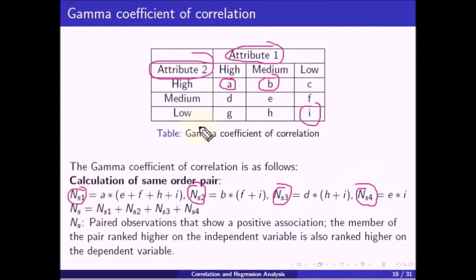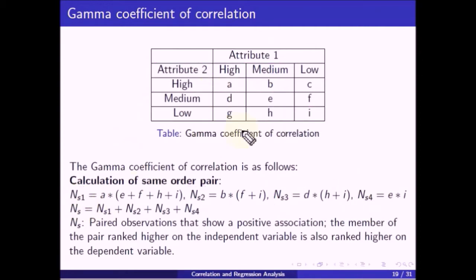NS1 is A into E plus F plus H plus I. For NS2, B into F plus I. For NS3, D into H plus I. And for NS4, it is E into I. To calculate NS, we add NS1 plus NS2 plus NS3 plus NS4.